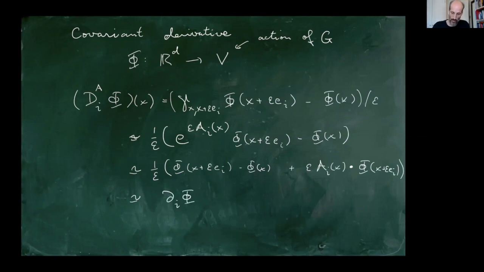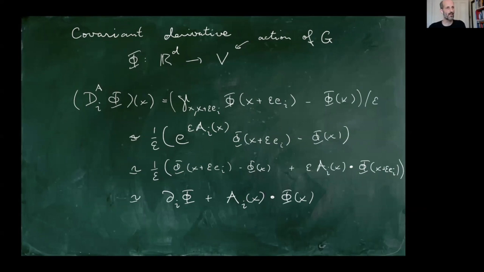But then now this is nothing but the usual directional derivative of phi for the first term. And in the second term, you see the epsilons just cancel out. And then the fact that the points were evaluated at sort of epsilon away, since everything is smooth, that's just something of order epsilon, which drops in the limit. Right? So what we see here is we have an A_i of x acting on the phi of x.